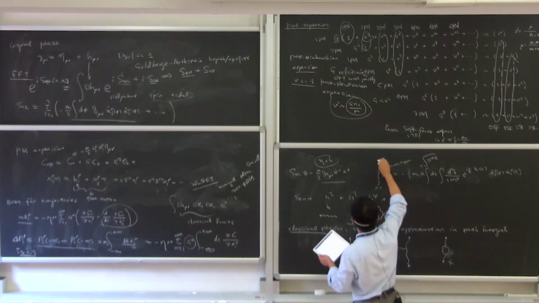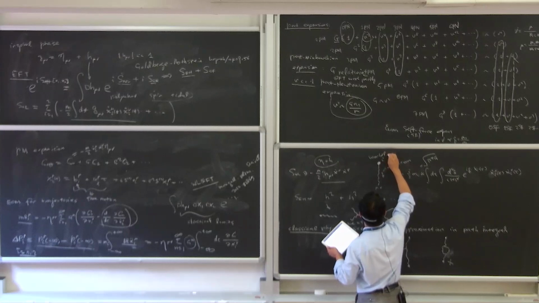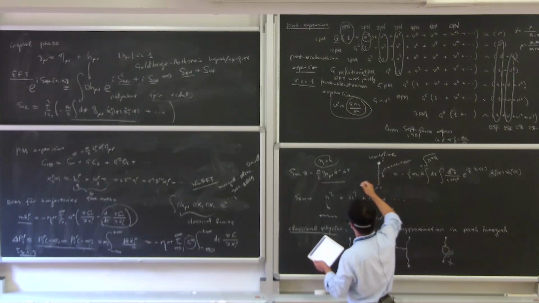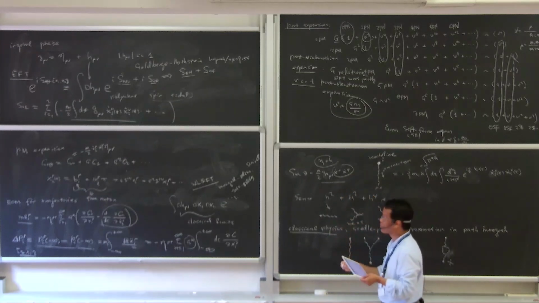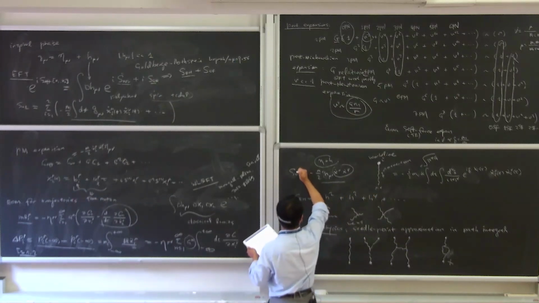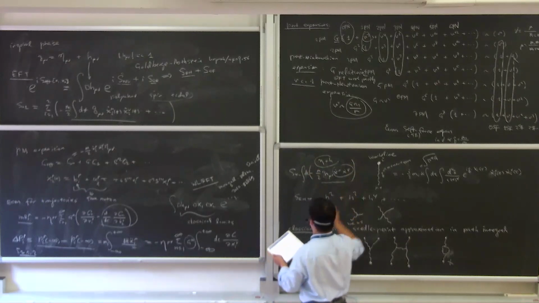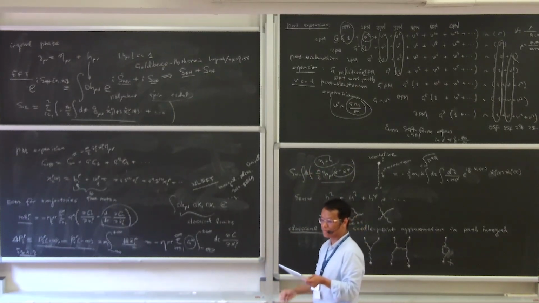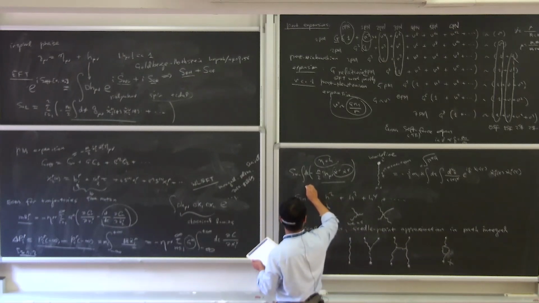This is the worldline. It's just this object, because in these actions we have T.